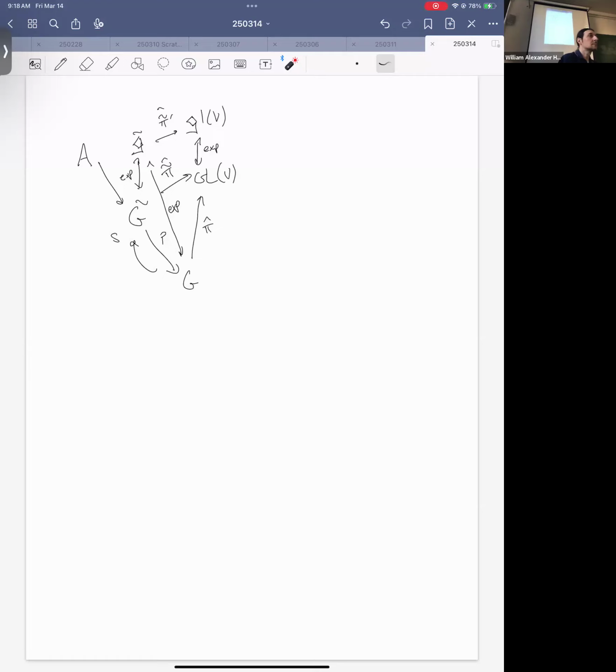Why do we need to go up to the universal cover if the group is not connected? What makes it difficult to work with it directly? I don't know that this is going to exactly answer your question, but we know from the math that all of the representations of the group of interest are in one-to-one correspondence with the representations of the universal cover, where some of the representations of the group might end up being projective.